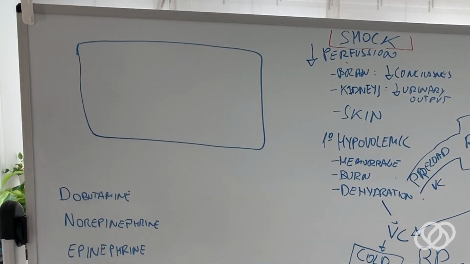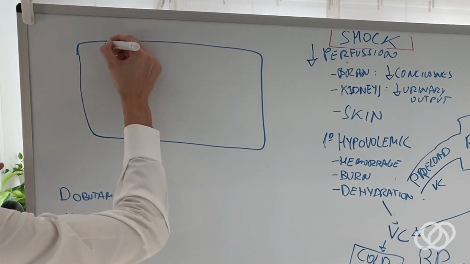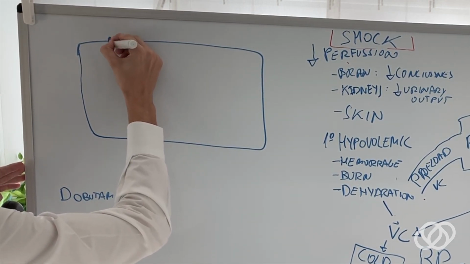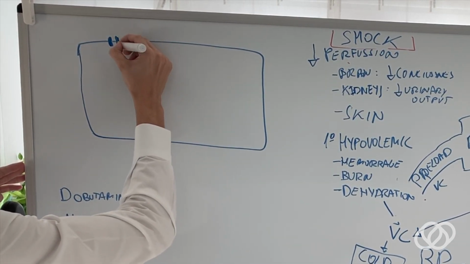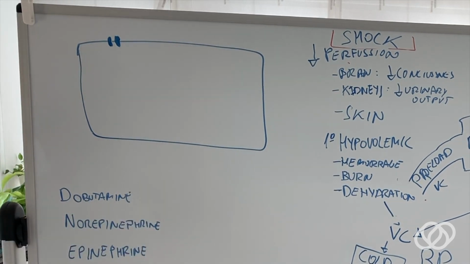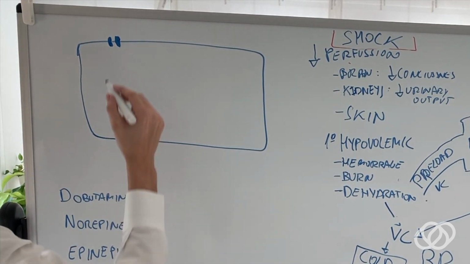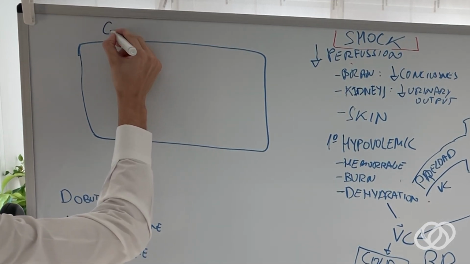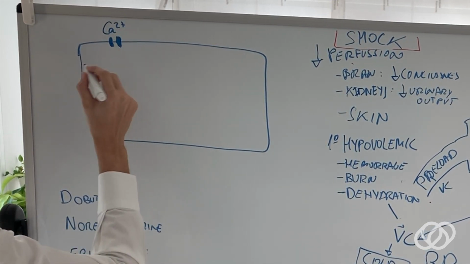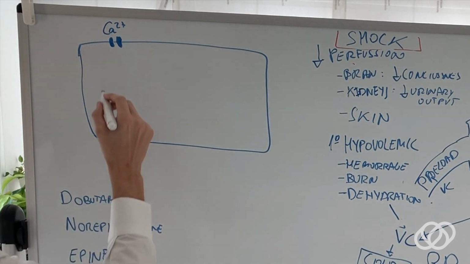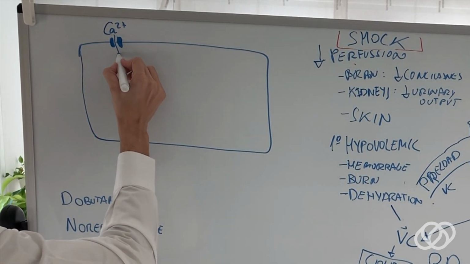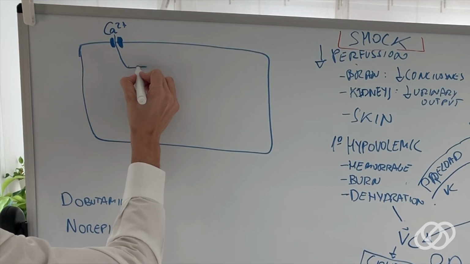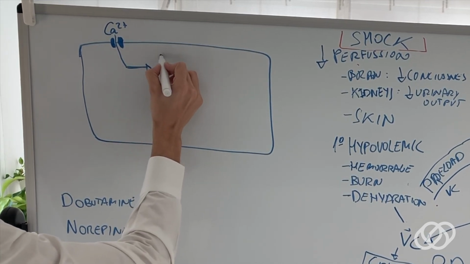This is a myocyte, and we have already seen in other lessons how the action potential comes to the myocyte and it opens channels of calcium. So when the action potential comes, the calcium enters inside the myocyte.